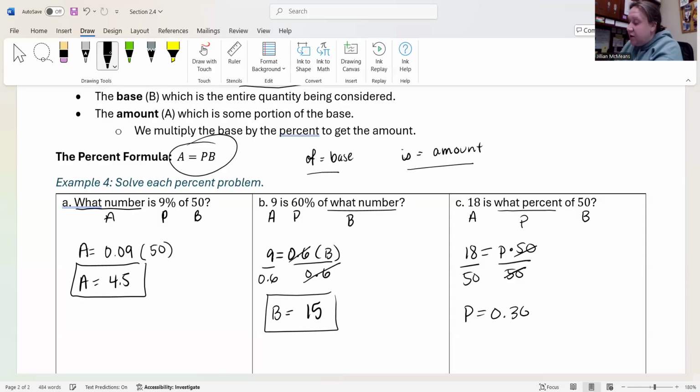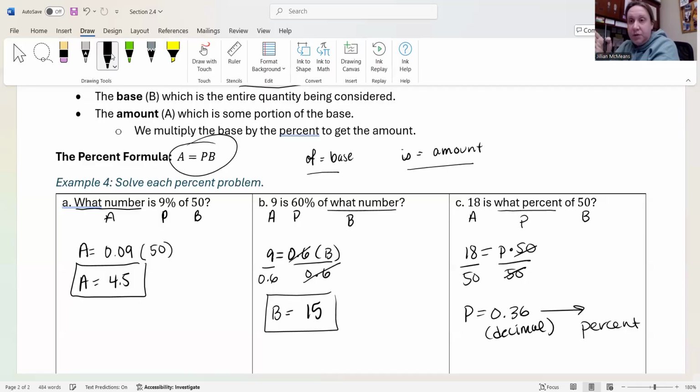And now hopefully you're like, oh, wait a minute, this is weird. Because remember, in the previous two examples, we plugged P into the formula as a decimal. So if you're looking for P, you're going to solve and get P as a decimal. We need to convert this to a percent.